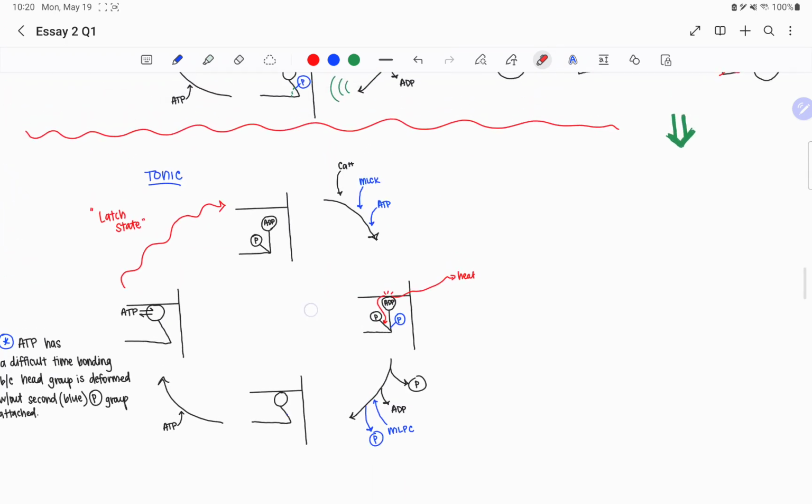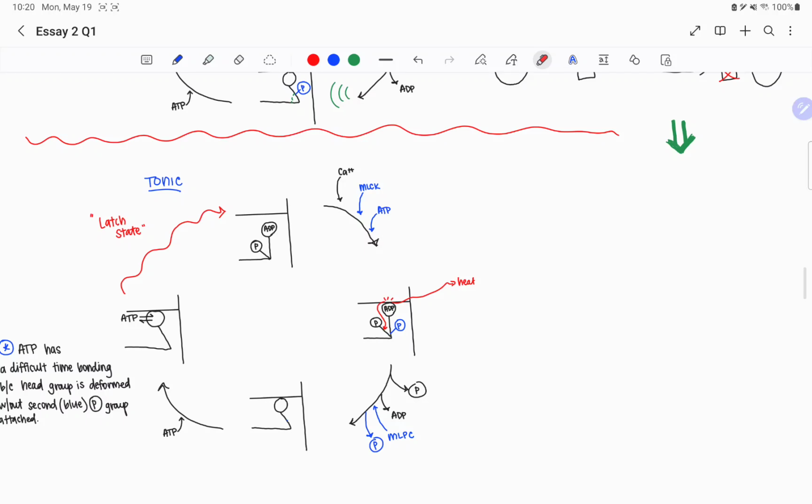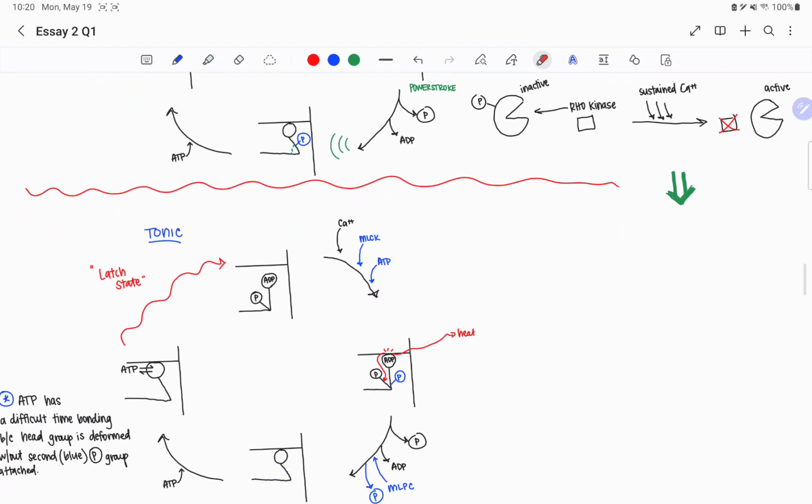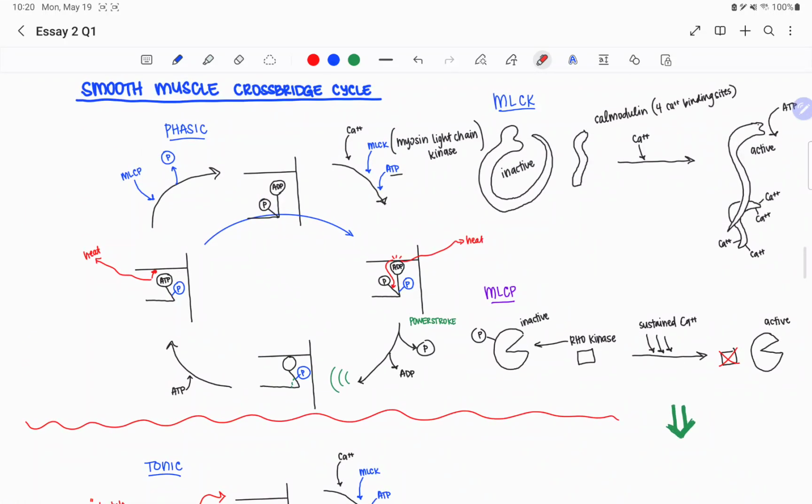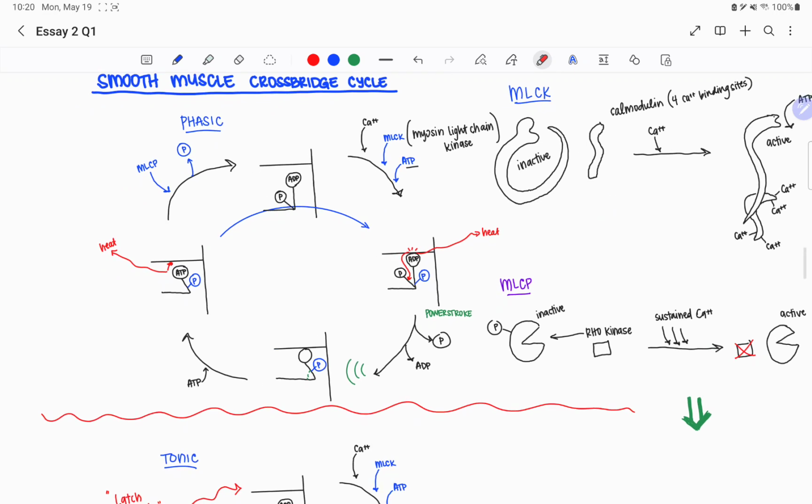Okay, with these tonic and phasic, our phasic sources of calcium, they come from a GPCR, a G protein coupled receptor. They cause the IP3 to come in, and that's what causes the calcium release. Okay.